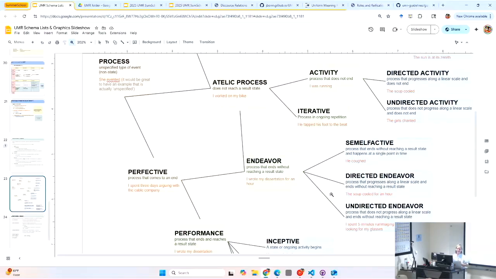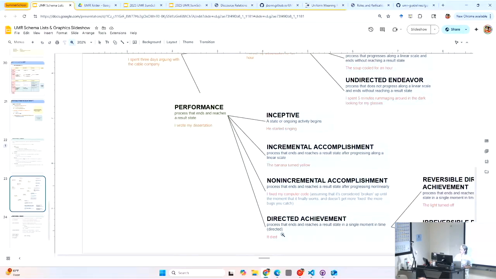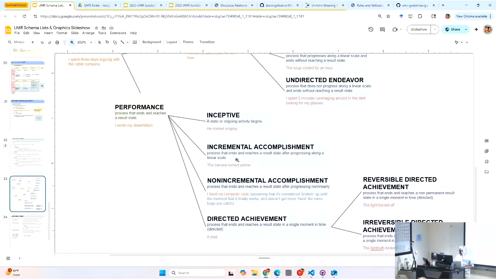One thing that is a bit unusual from the standard thing that people use is achievement and accomplishment. It does not make that distinction. Instead, it makes the distinction between performance and endeavor, which is performance is something that's actually completed, and endeavor is something that's kind of stopped.